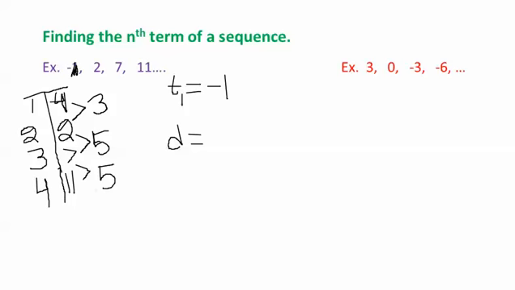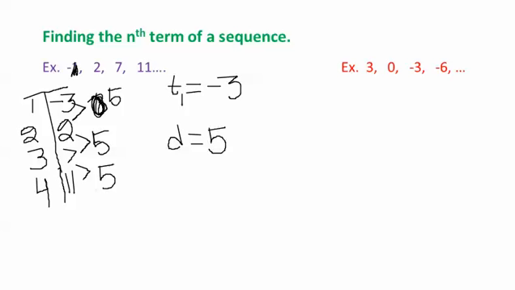My bad, -3. So our t sub 1 is not a -1. It's -3. And our common difference is 5.